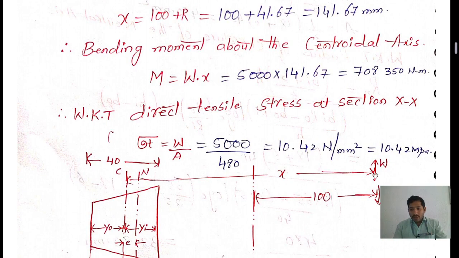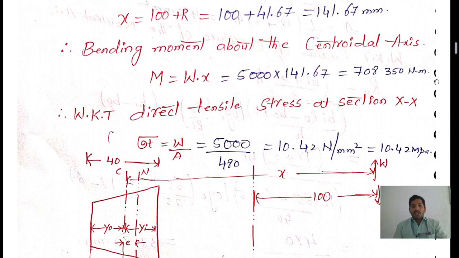We applied a load of 5000 N on the punch press machine, and the distance from the centroidal axis is 141.67. If you multiply these values, you will get 708350 Newton-mm. Clear? The unit of load is Newton, and the unit of distance is millimeter.